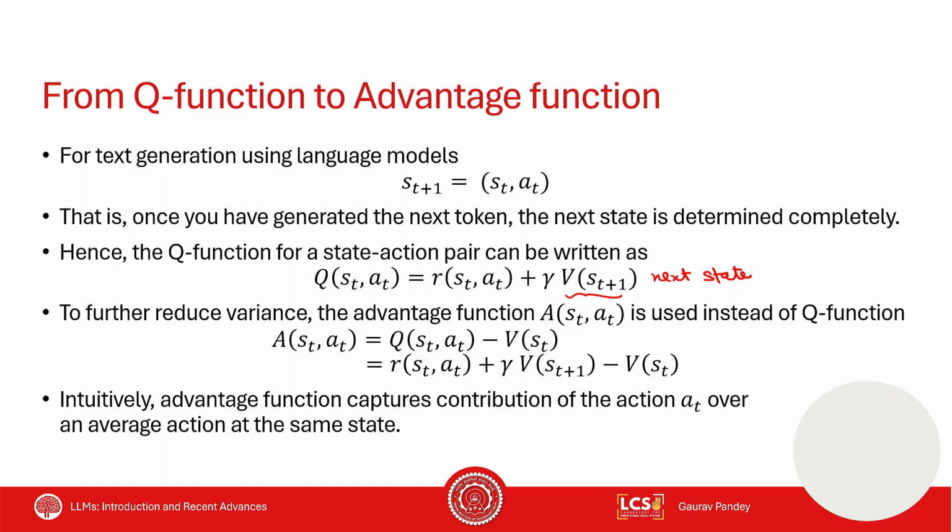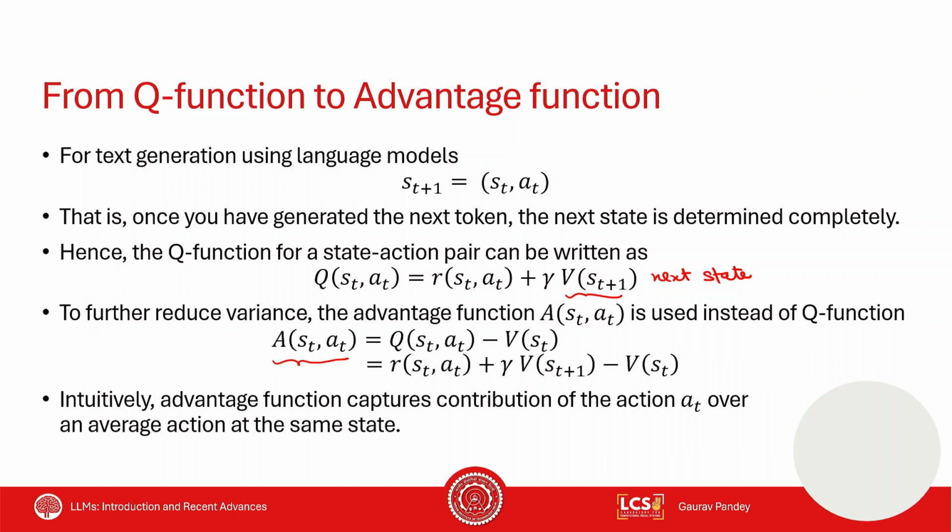So to further reduce variance, I mentioned earlier that the Q function is used because you don't want a lot of randomness in the reward that this token receives, right? What is generally done is that you subtract the value function from the Q function to get the advantage function, and that's what you use during training.